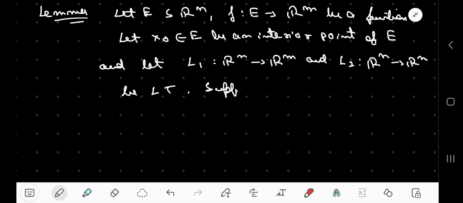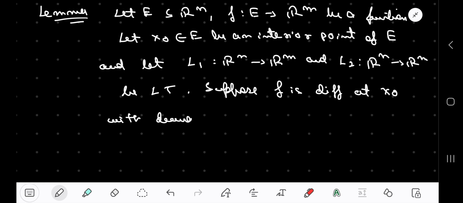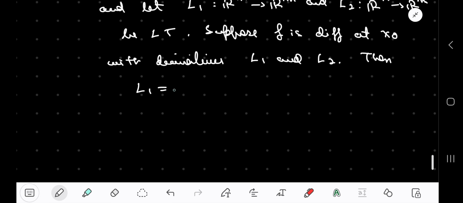Suppose f is differentiable at x naught with derivatives L1 and L2, then L1 must exactly be equal to L2. Okay, this is what we require.